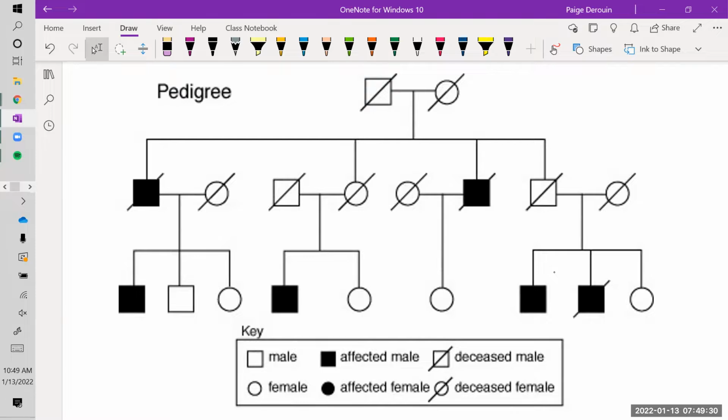Who's colored in more? Males. So do you think it's sex-linked? Yeah. So this is X or sex-linked, either one. And do you think dominant or recessive? Recessive, that's right.